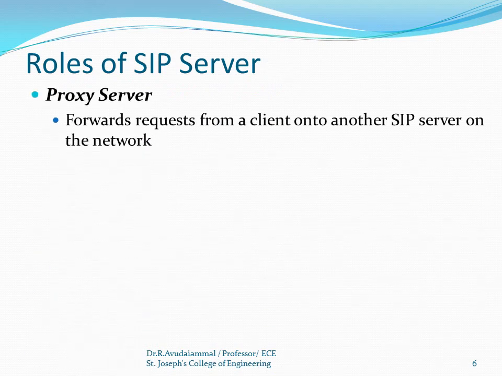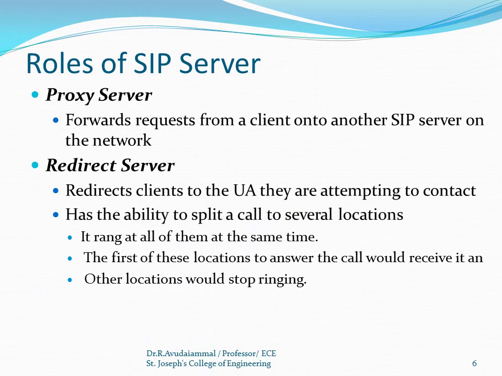The next one is the proxy server. It forwards the request, that is, it works on behalf of the client. It forwards a request from a client to another SIP server. And the next one is the redirect server.